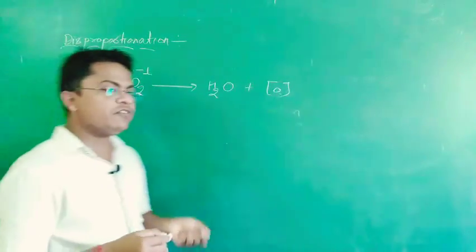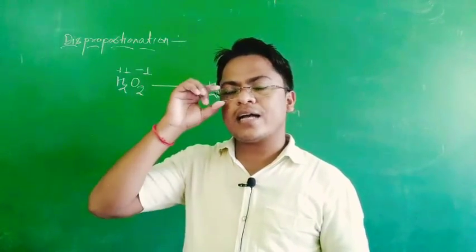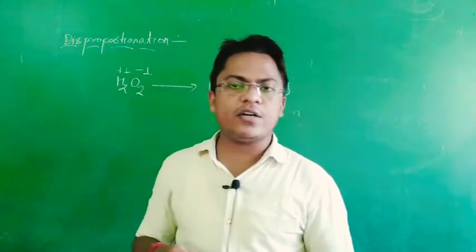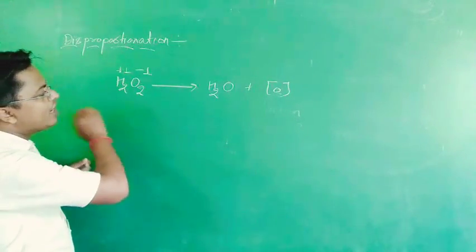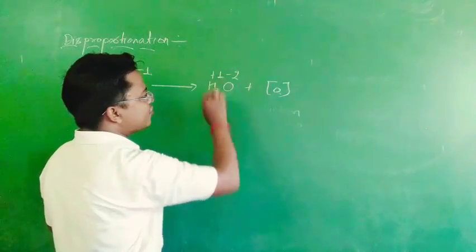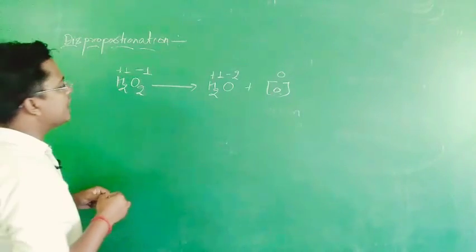The oxygen which carries a -1 charge instead of -2, that kind of oxide is called a peroxide. So in this case oxygen carries -1 charge, hydrogen +1; in water oxygen is -2; and nascent oxygen carries 0 charge.